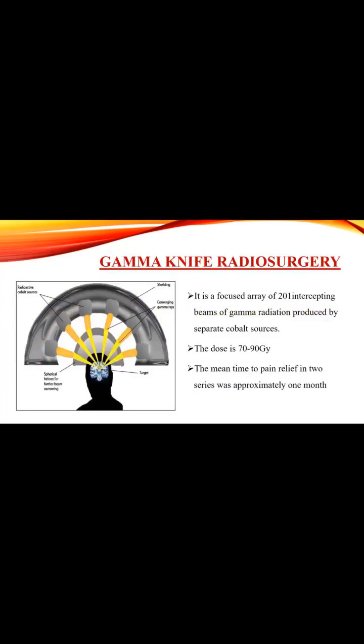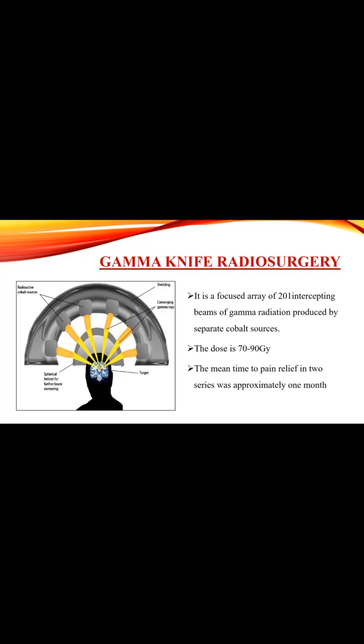Next we'll be discussing gamma knife radiosurgery. It is a focused array of 201 intersecting beams of gamma radiation, produced by separate cobalt sources, and the dose is usually 70 to 90 Gy.